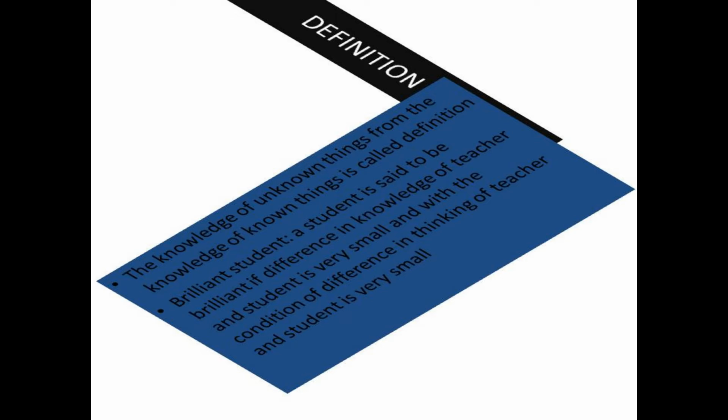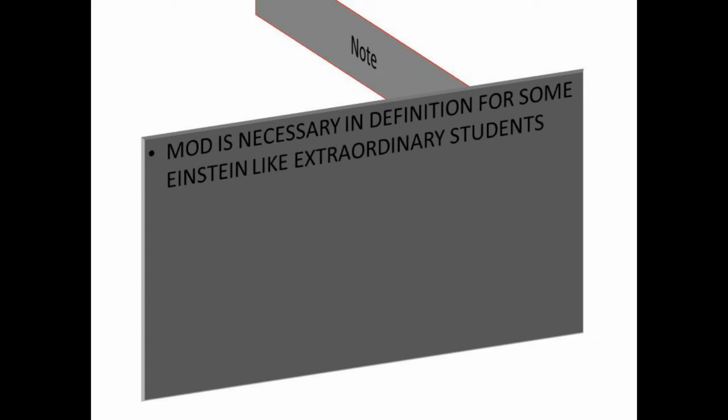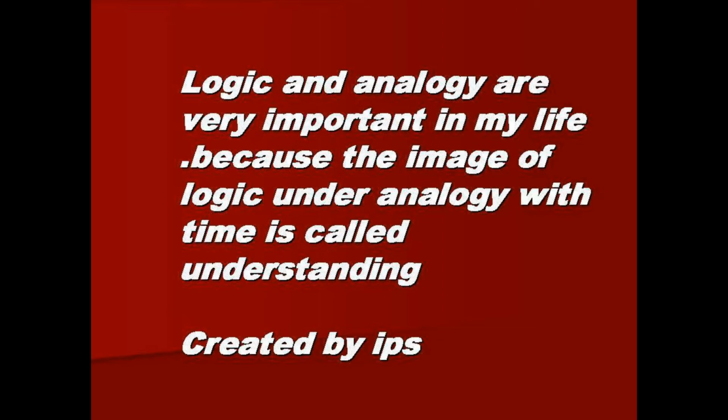Here f(t) denotes the knowledge of teacher and f(s) denotes the knowledge of student. Why do we put all these in brackets, and why did I write that knowledge is the function of thinking? Because our knowledge depends upon thinking. So that is why we can say knowledge is the function of thinking.